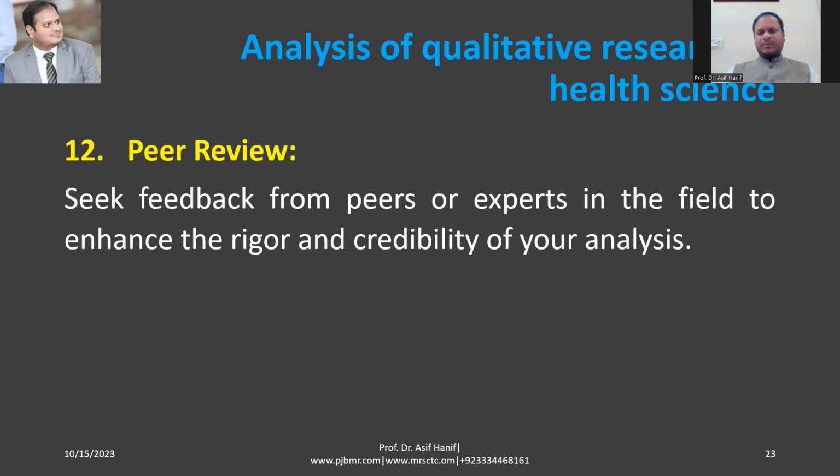Seek feedback from peers or experts in the field to enhance the rigor and credibility of your analysis. If it was sent to a journal, always consider the reviewers' comments. You may need to refine your analysis, refine your tools, to have better knowledge to contribute to the community.